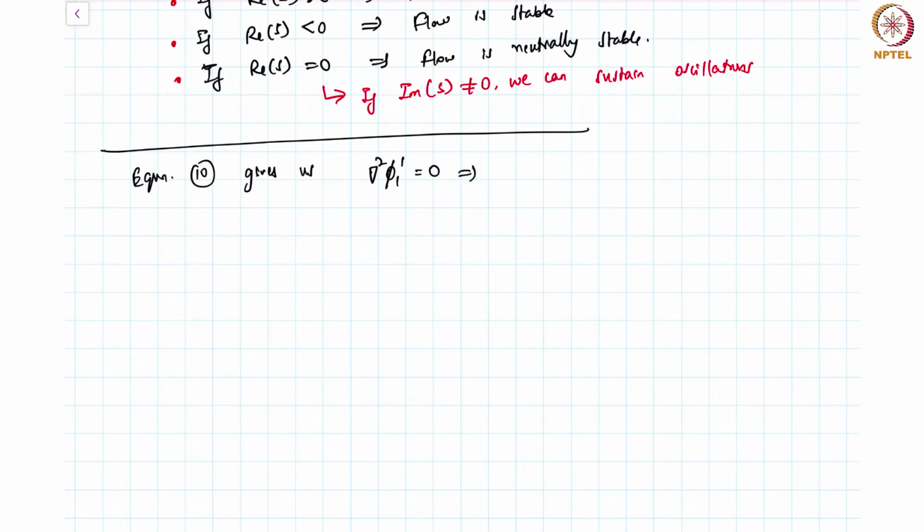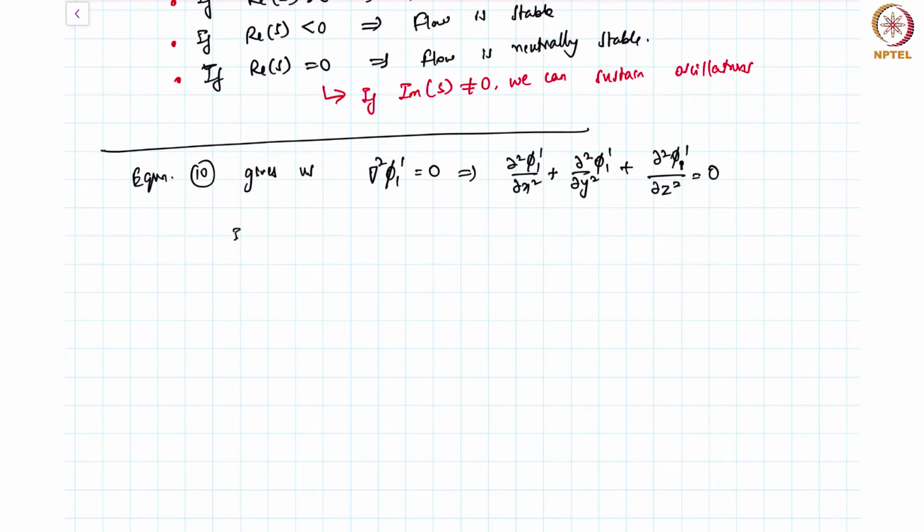And what does it mean? It means the second partial derivatives, del square phi 1 prime by del x square, plus by del y square, plus del square phi 1 prime by del z square, is 0.